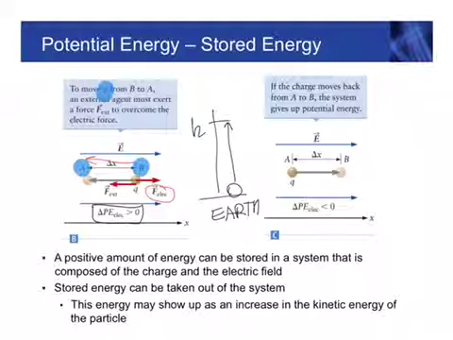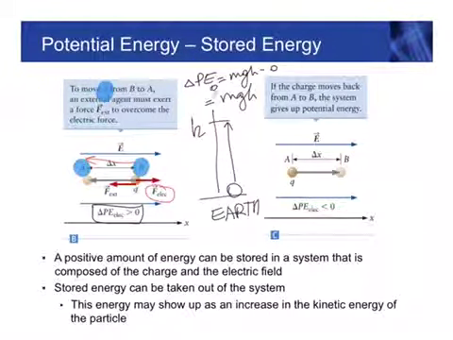Let's just see how it happens here. Delta potential energy is equal to the final potential energy, mgh, minus the initial potential energy, which is 0, so it is positive mgh. This was gravitational. In electric potential energy, it's going to be also positive, just like here, a positive sign, because we're moving against the electric force.